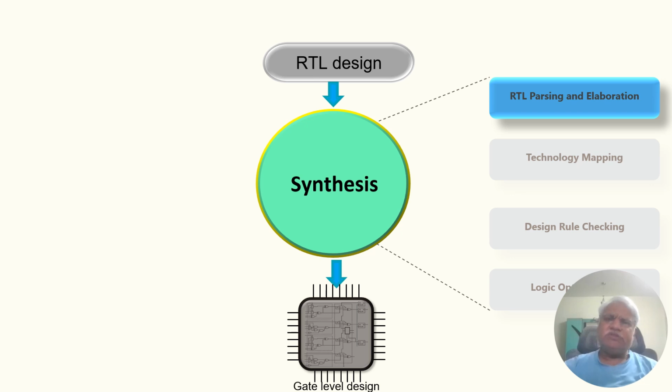The elaboration step will take the compiled code and process it further. During this process, it resolves the HDL module instances and parameters, and it will generate a complete design hierarchy.